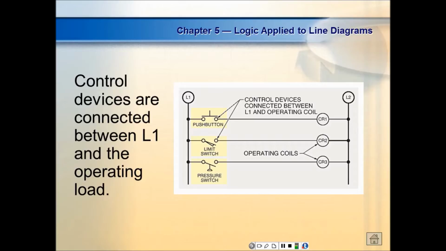So here's a symbol for a normally open push button, and unfortunately the book draws those things really close together. Then we have a normally open limit switch, and then we have a normally open pressure switch. So there's a new symbol for the pressure switch. The pressure switch kind of looks like a float switch.